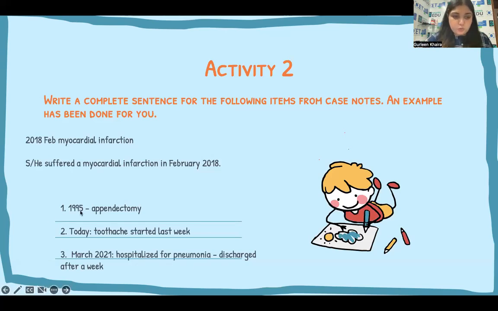Now, I would want you to do these 3 exercises that we have. Let's take it one by one. 1995 dash appendectomy. Can you please expand this into a sentence?